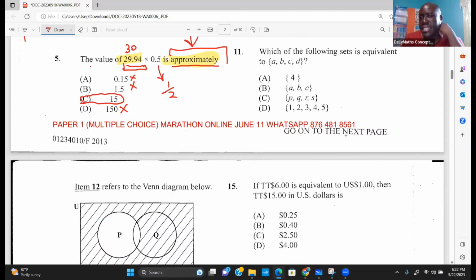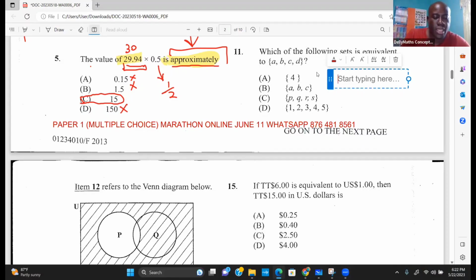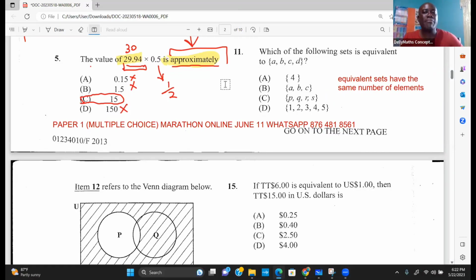All right, which of the following sets is equivalent? What do they mean by equivalent set? So you probably need to write this down. Equivalent sets, matter of fact, let me write it for you. Equivalent sets would have the same number of elements. Equivalent sets have the same number of elements.